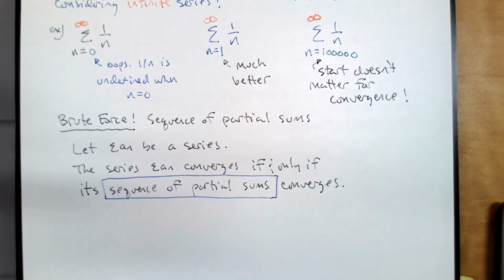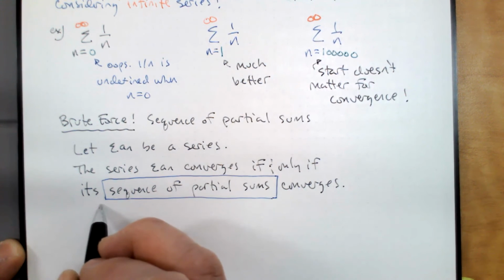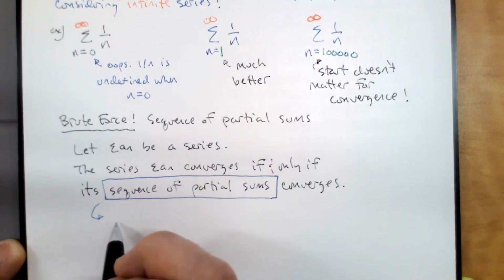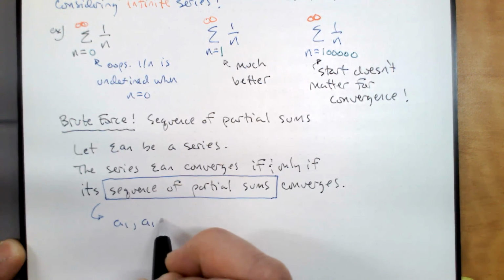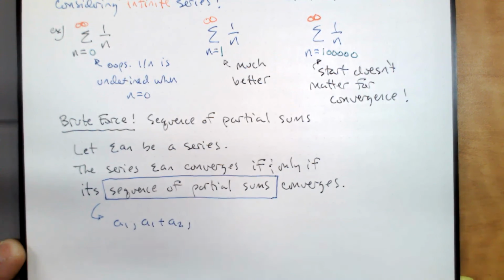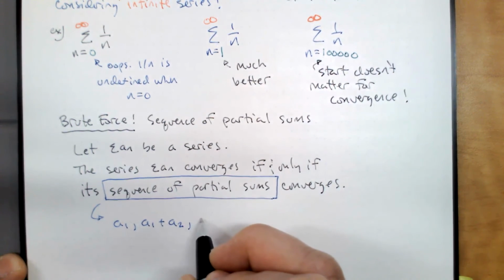So we're going to be making a list of partial sums. I'm going to start with A1. The next term is going to be A1 plus A2. The next term is going to be A1 plus A2 plus A3.